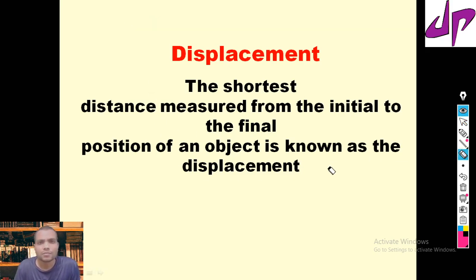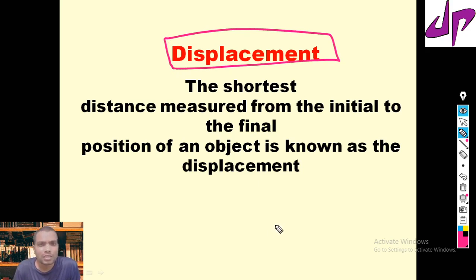Similarly, along with distance, we need to define one more physical quantity, that is displacement. Displacement is nothing but the shortest distance measured from the initial to the final position of an object.